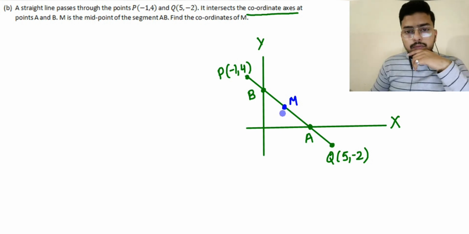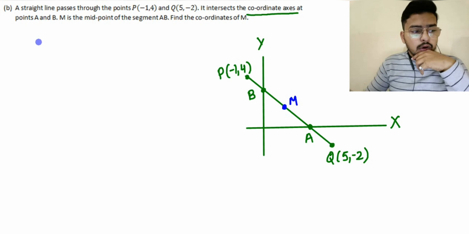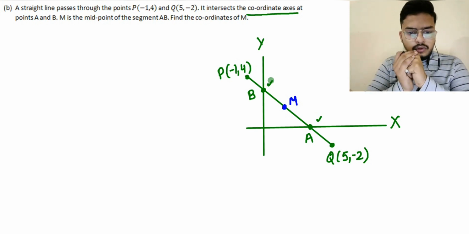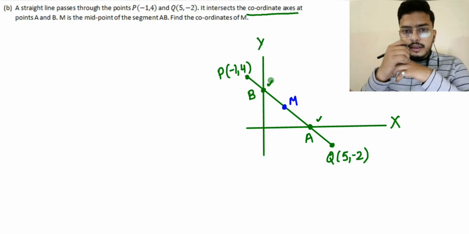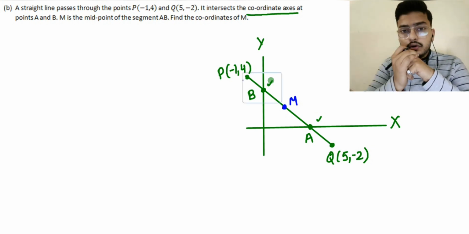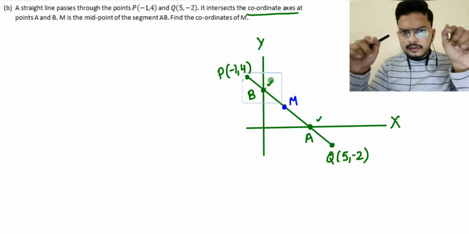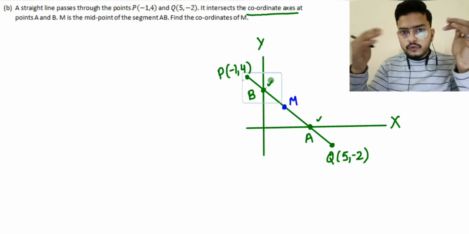We have to find the coordinate of M. So how can we find it? Look, if we find the coordinate of A and the coordinate of B, then by the midpoint formula we can easily find the coordinate of M. So my aim now is to find the coordinates of A and B. Here we have the coordinates of P and Q, so from here we can easily find the equation of the line.